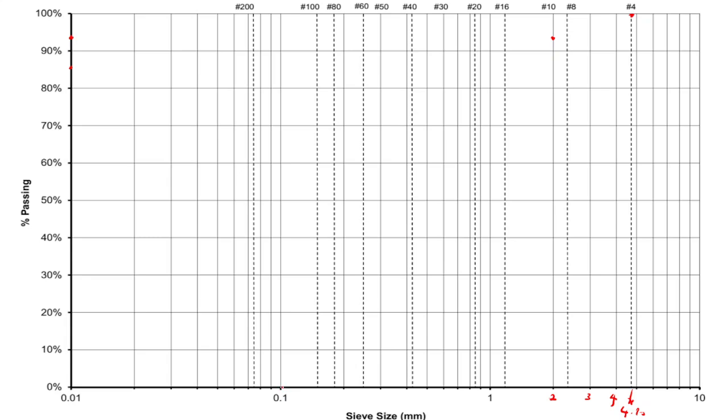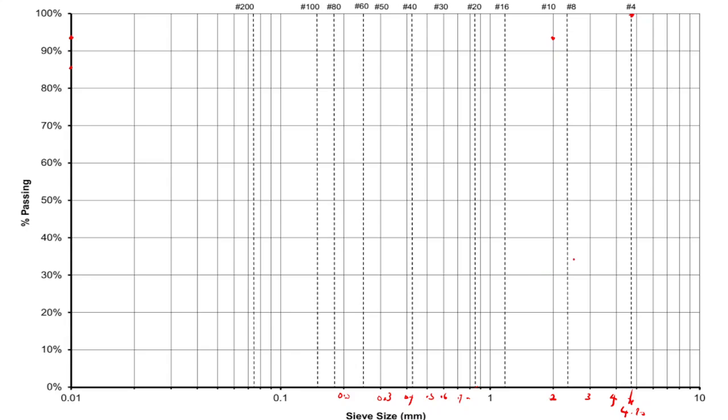This is 0.1, this is going to be 0.2, 0.3, 0.4, 0.5, 0.6, 0.7. This is 0.8. So this is going to be our 0.85.